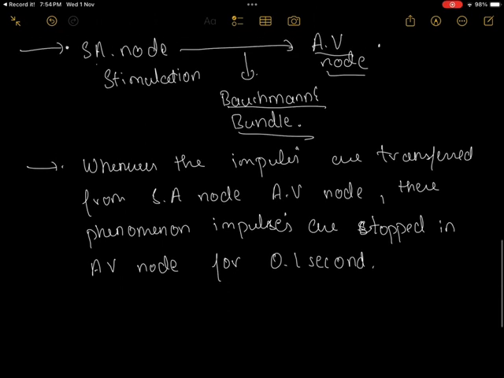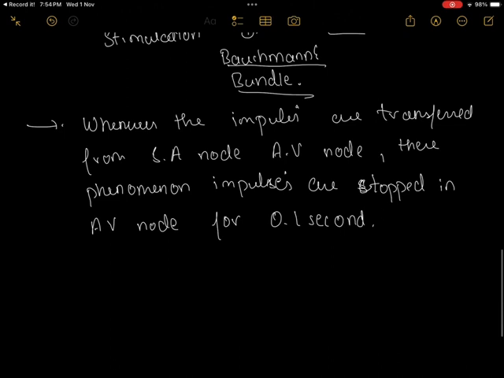As I said earlier, ventricular contraction is totally dependent on atrial contraction.